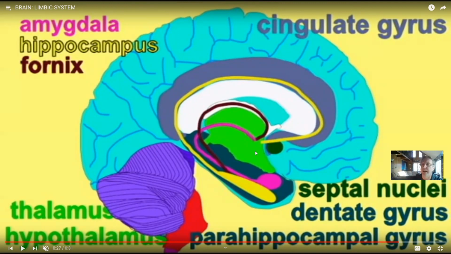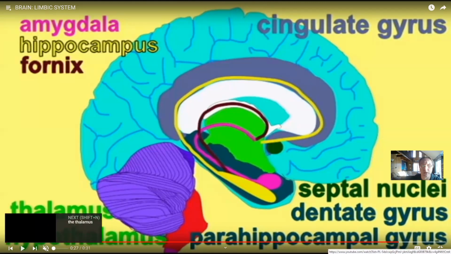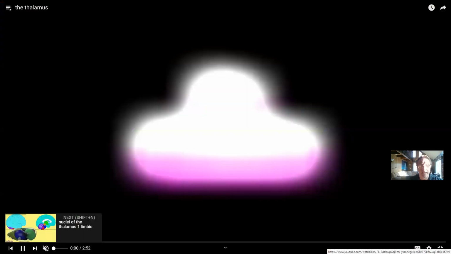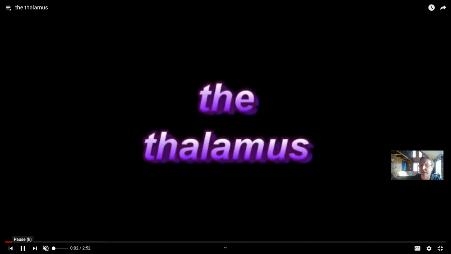There are pleasure centers, anger centers, regions which will affect sexual behavior and sexual drives, but then also things like hunger and thirst and being satiated, or being cold and wanting to put on a sweater. And so a number of the nuclei for both the thalamus and hypothalamus will then have a reference to the limbic system. The thalamus makes up 80% of the diencephalon and is a good place to start.